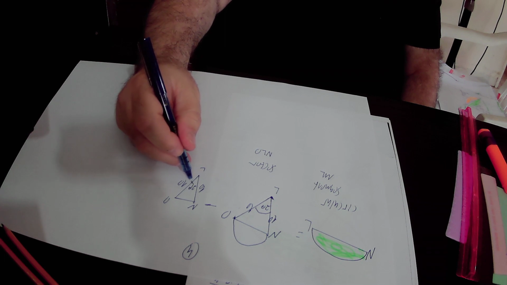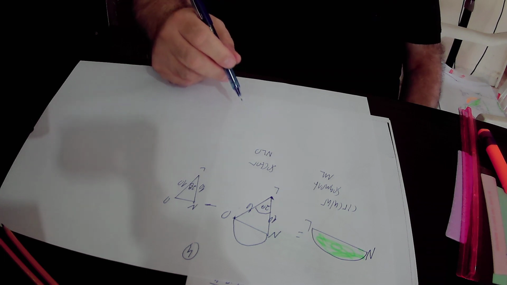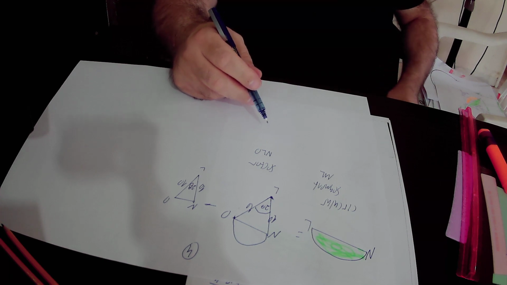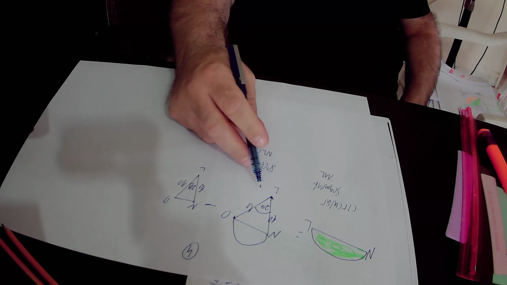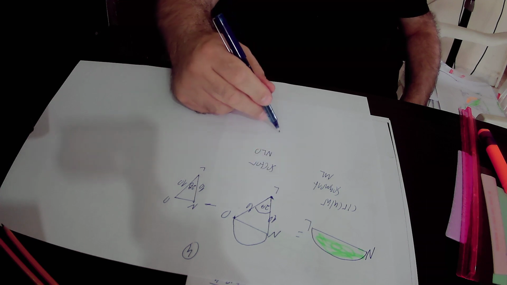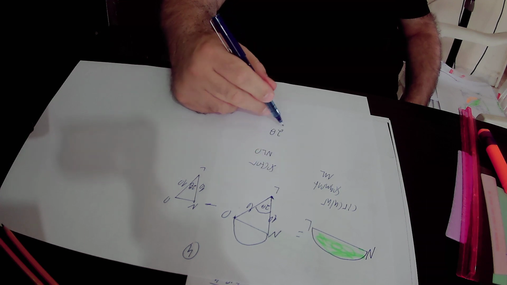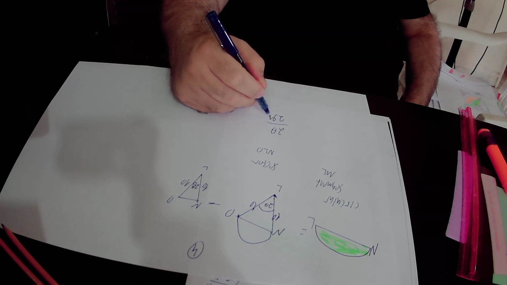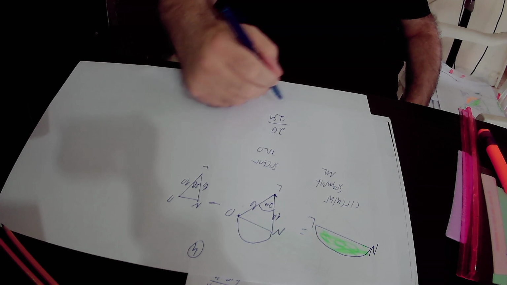Okay, so what is the area of sector NLO? It is equal to the ratio between the angle that is between its legs, that is 2 theta, over 2 pi, that is the angle of the whole circle.